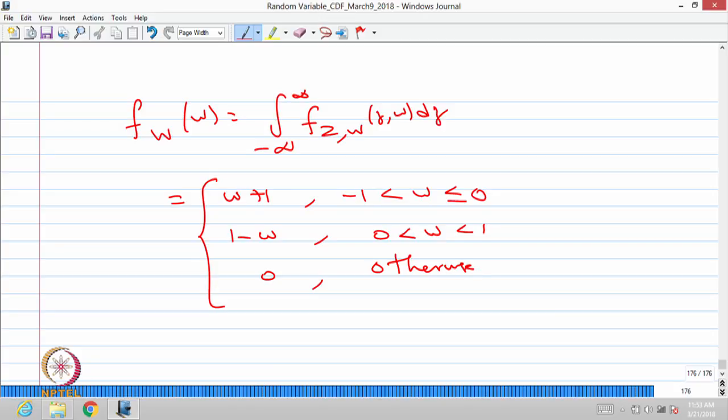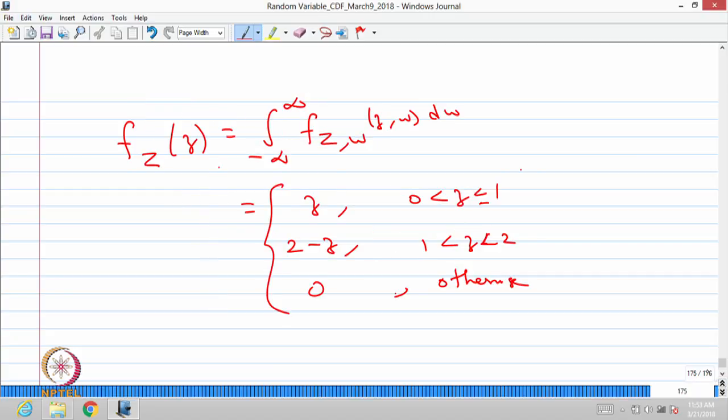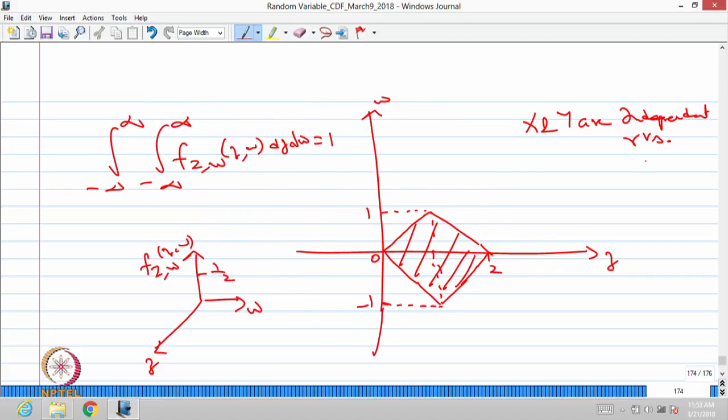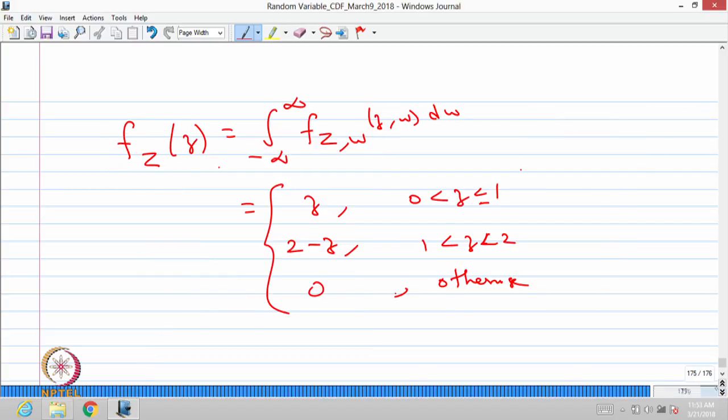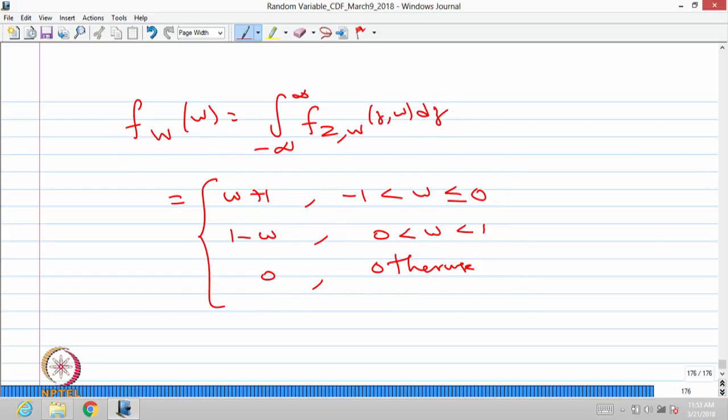The interval of Z and W, you can see from this diagram itself. The range of Z is 0 to 2, whereas the range of W is -1 to 1. So, therefore, we are getting the probability density function like this for Z and for W in this form.